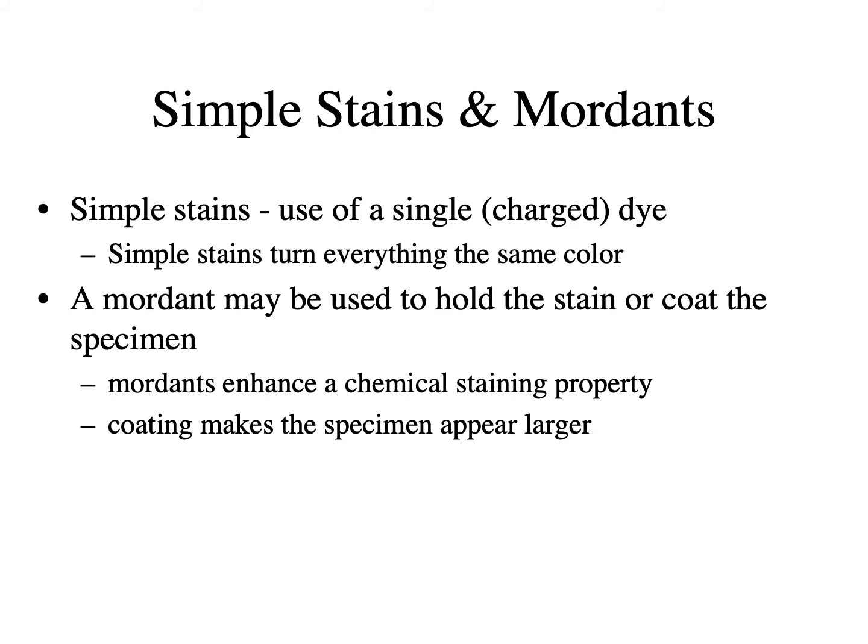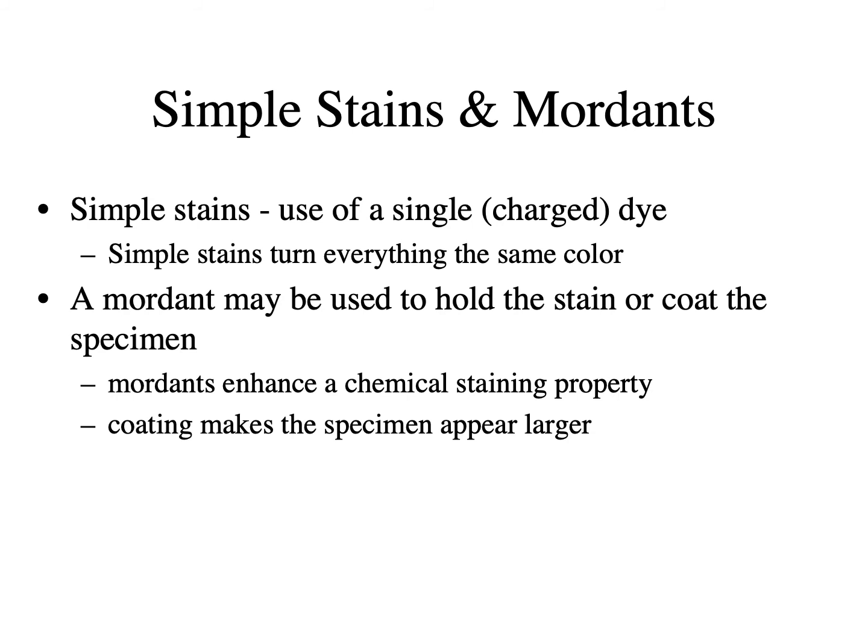If you hear the term mordant, a mordant is a special chemical that we add to certain types of stains that enhances something, or makes some chemical property change and makes it work. Mordants are often really large molecules, like iodine, for example, is a really big molecule.